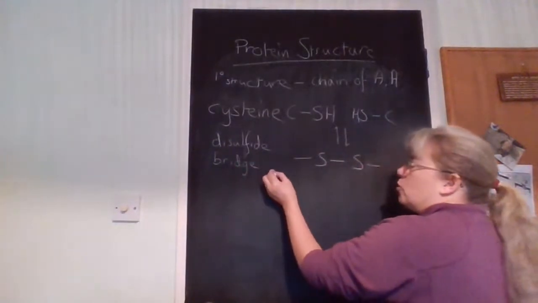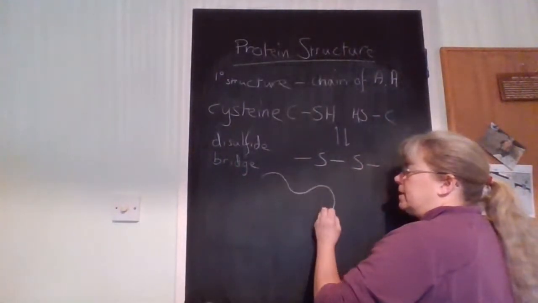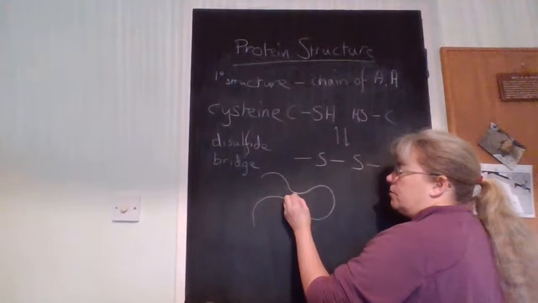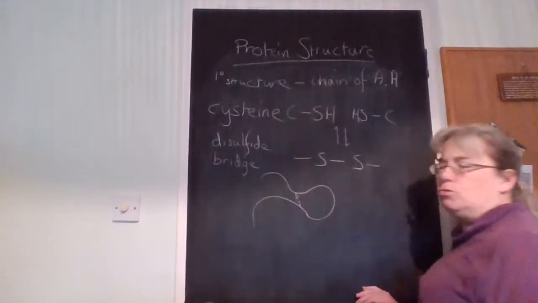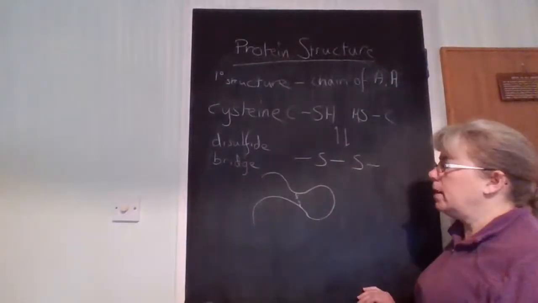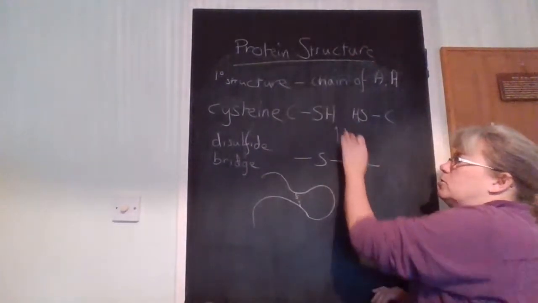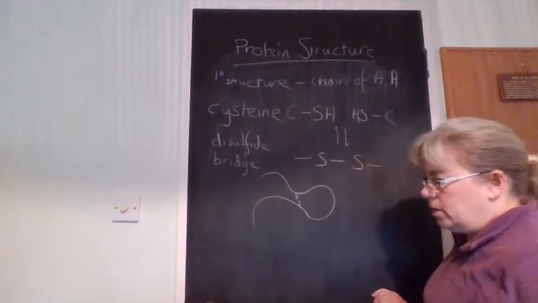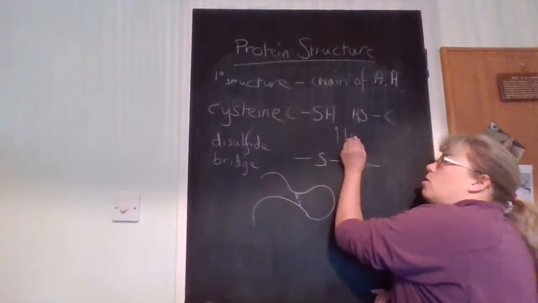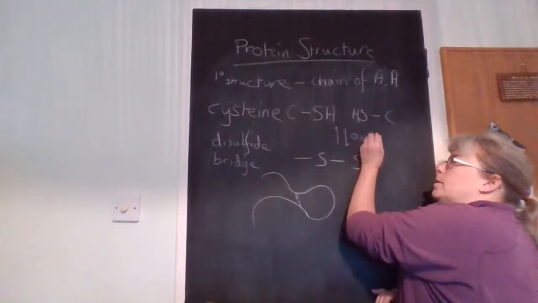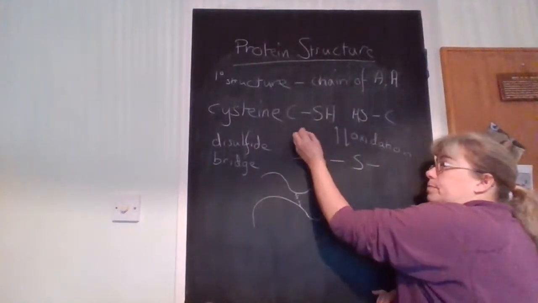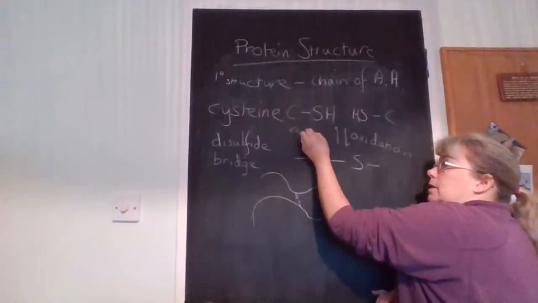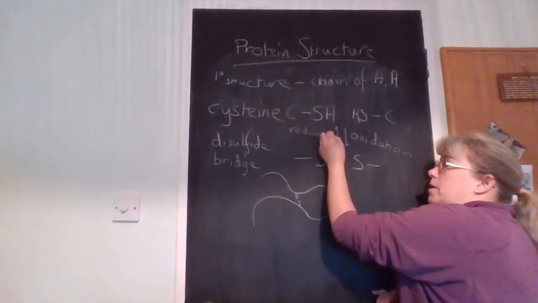So you've got your chain and it can come round on itself, and it's got a little sulfur bridge in it to hold it together. It's a disulfide bridge. Now, to form it, it's oil rig, and it's oxidation to form it, taking out those hydrogens, and it's reduction to break it apart.